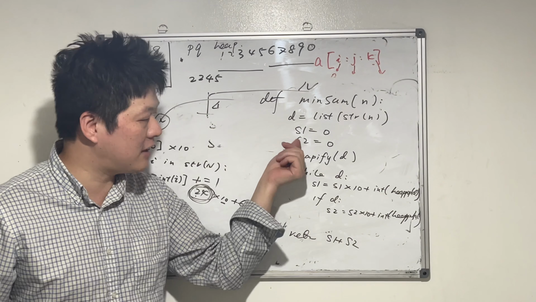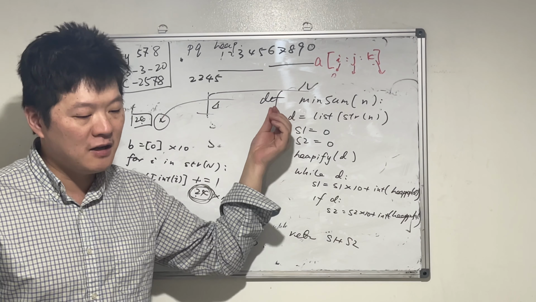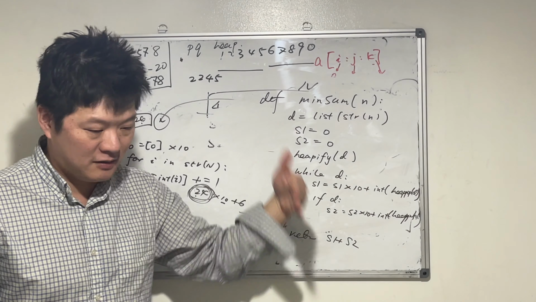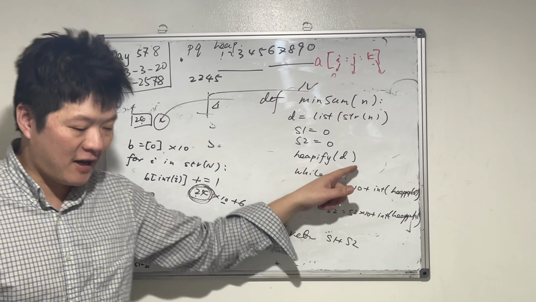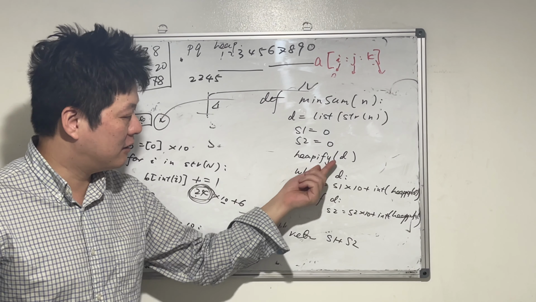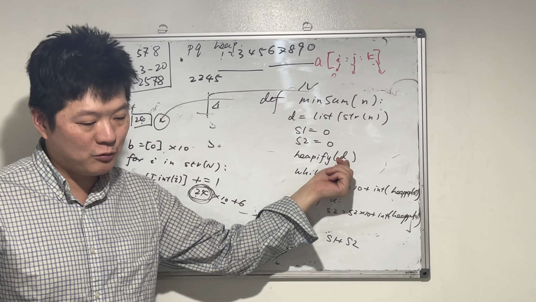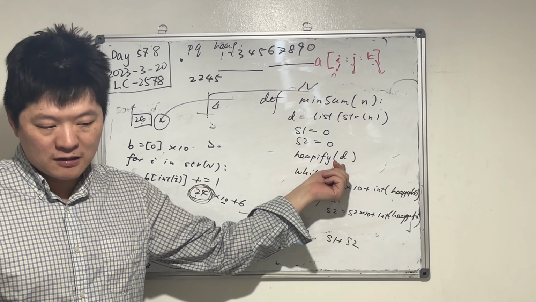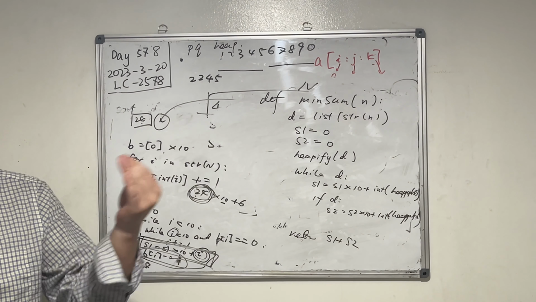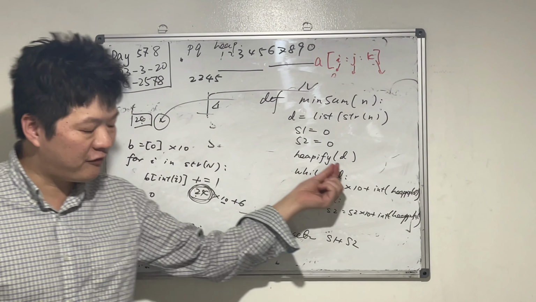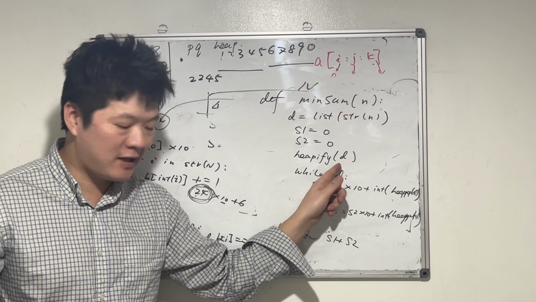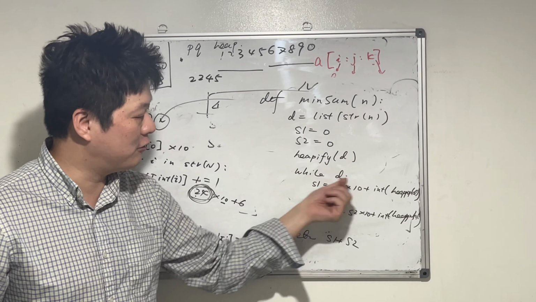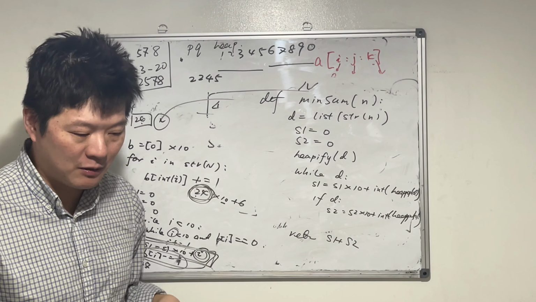S1, S2 are just the integer values of the two integers we want to split, okay? Heapify: given this parameter d, we want to make it a heap. If we want to use heap push and heap pop, we have to heapify first. Now d is an array, we heapify it and we can use heap pop.